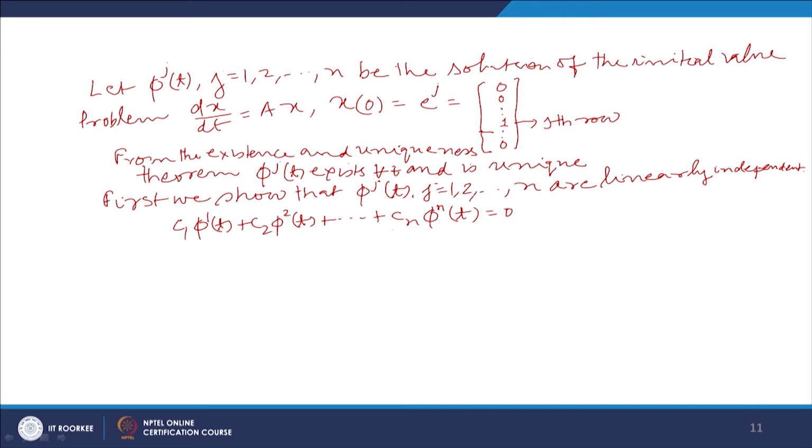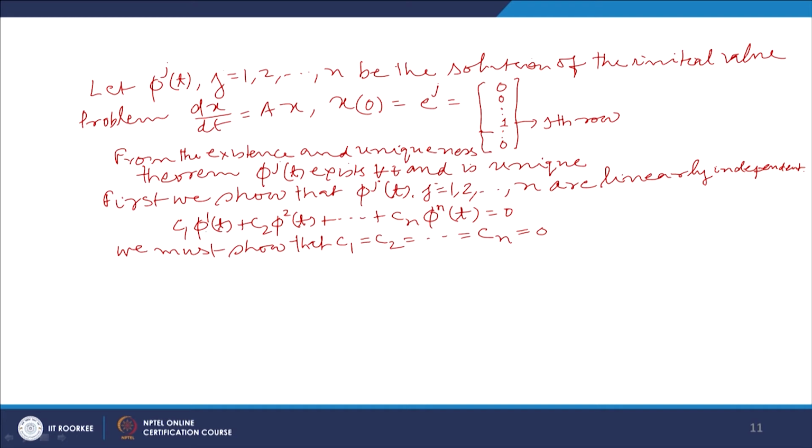So, if we want to show that phi 1 t, phi 2 t and so on phi n t are linearly independent, then we must show that C1, C2, Cn are all zeros.